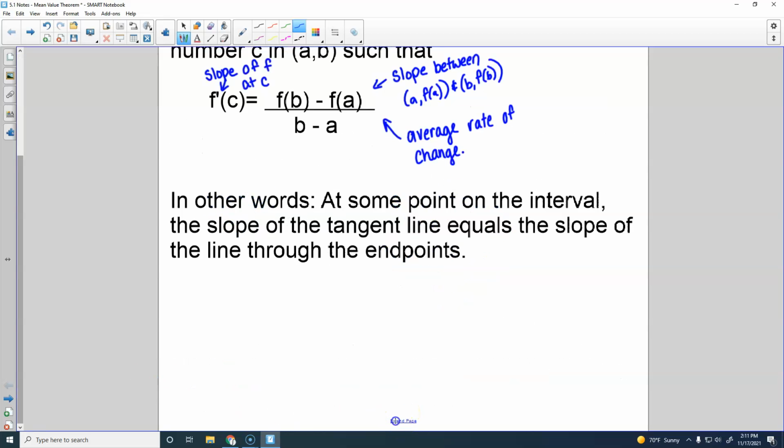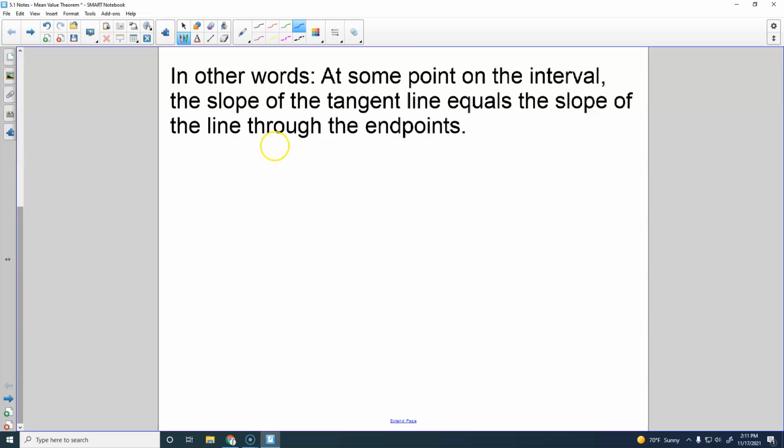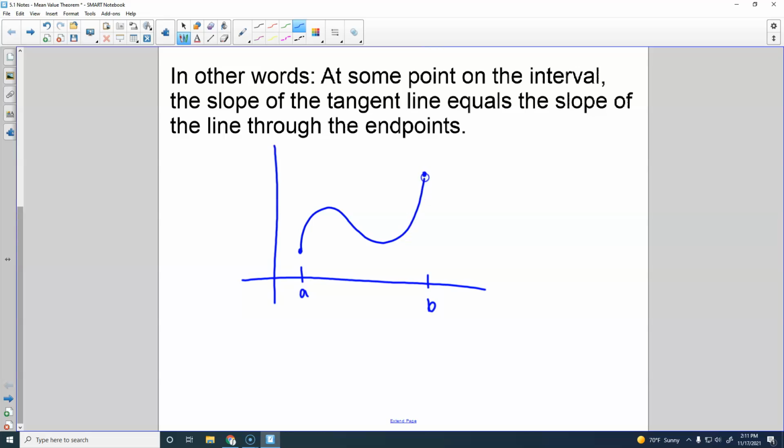So let's think about what that looks like on a graph. If we graph it, so let's say we've got, here's a, here's b. It doesn't even matter what this graph looks like. It could be anything. It could be a straight line, or whatever. So, right here, this is your slope through the endpoints, right?